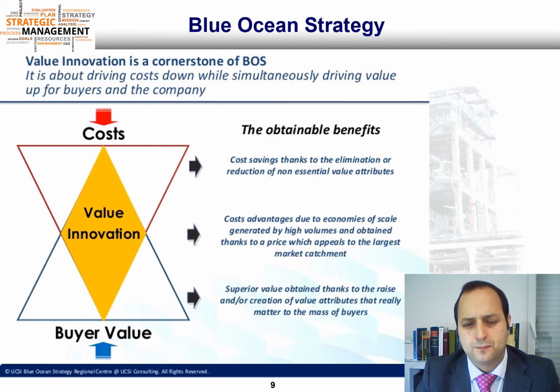And finally, by increasing the buyer's value: superior value obtained thanks to the raising and creation of value attributes that really matter to the mass of buyers. So you have to focus on what's really important for the customers rather than on secondary things.